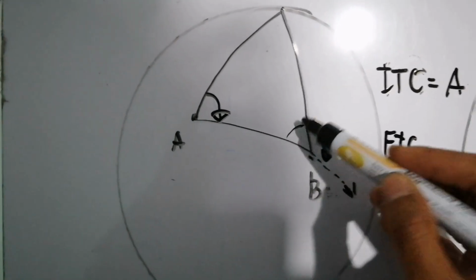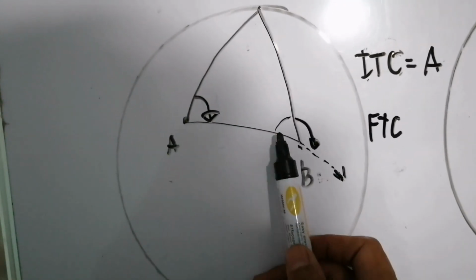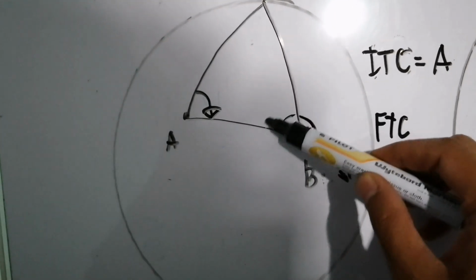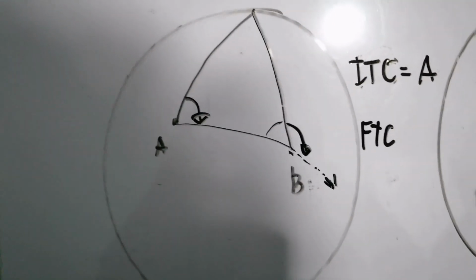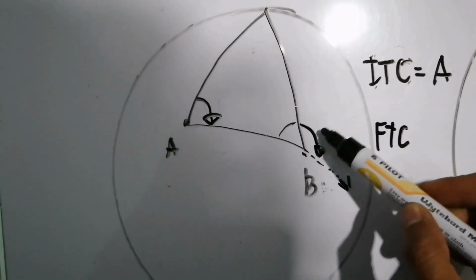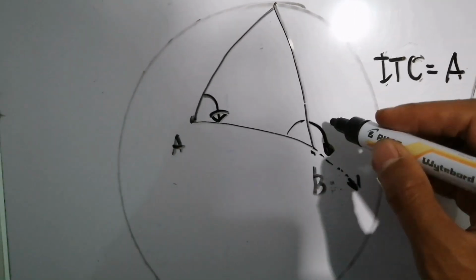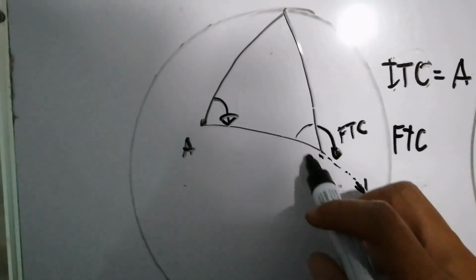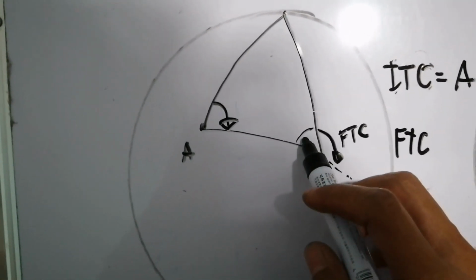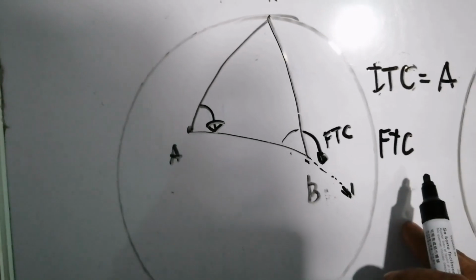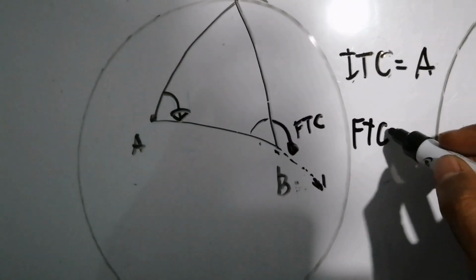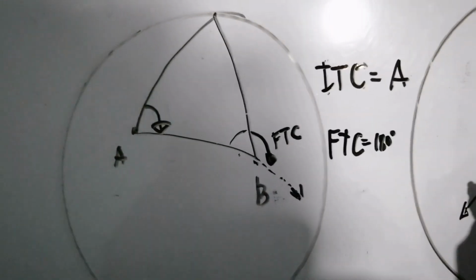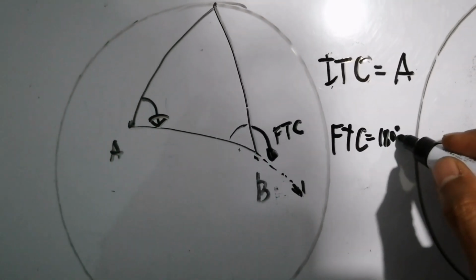Since this is a great circle track, this whole angle here will be 180 degrees. But the final true course here will be this angle here. So what can you say about the final true course? Using angle B, notice angle B will just be the supplement of the final true course. So to find the final true course here, all you have to do is subtract your angle B from 180 degrees.